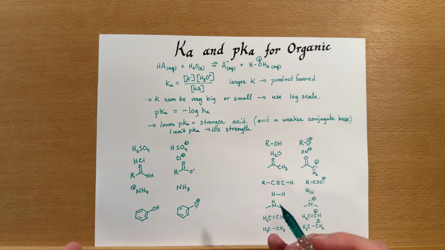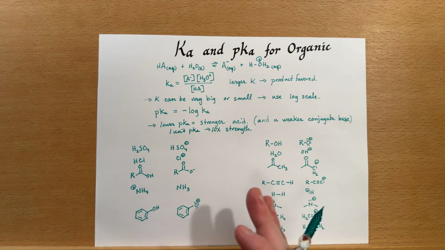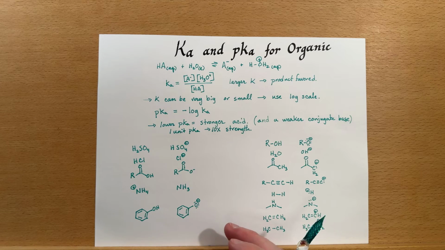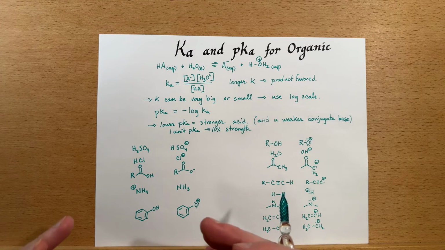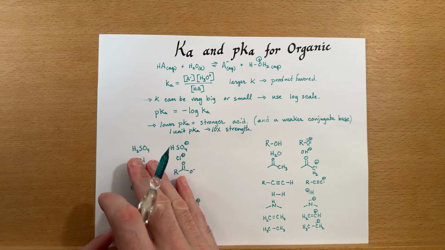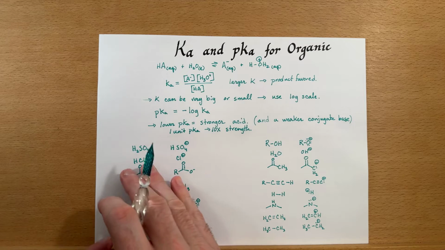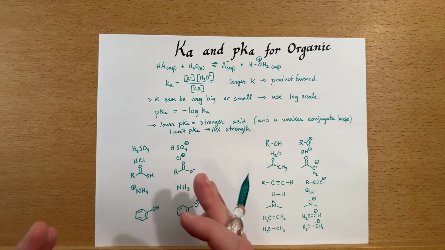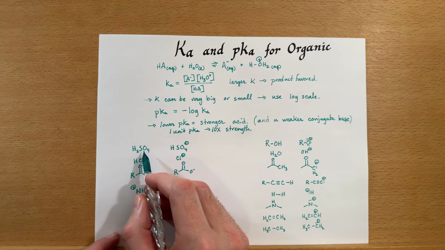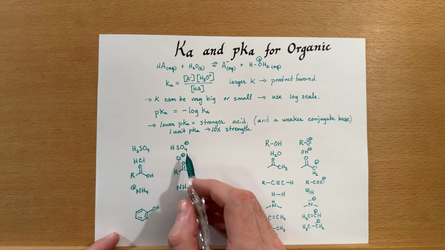All right, so now that we've laid the groundwork, let's talk about some pKa values that we may encounter when we're looking at organic chemistry. So for reference, and because we do use sulfuric acid in organic chemistry and also hydrochloric acid, some of these things, let's look at this. So here is the acid, and there is the conjugate base.